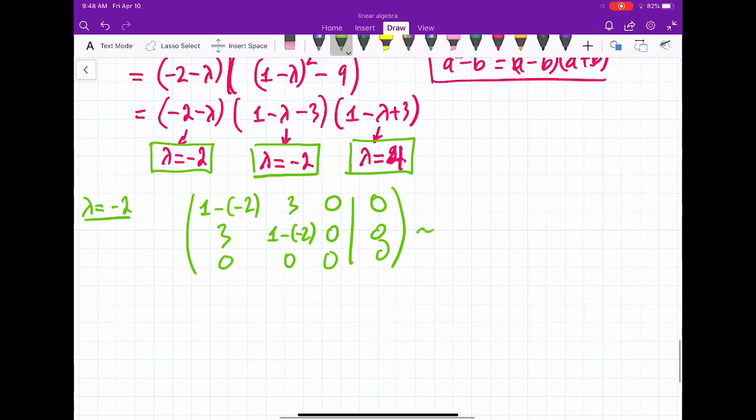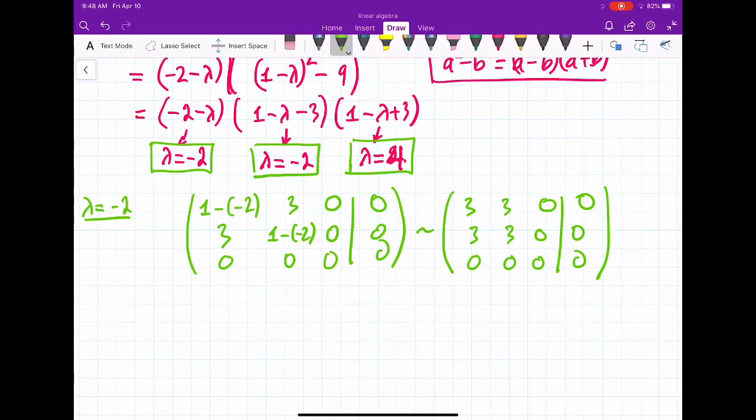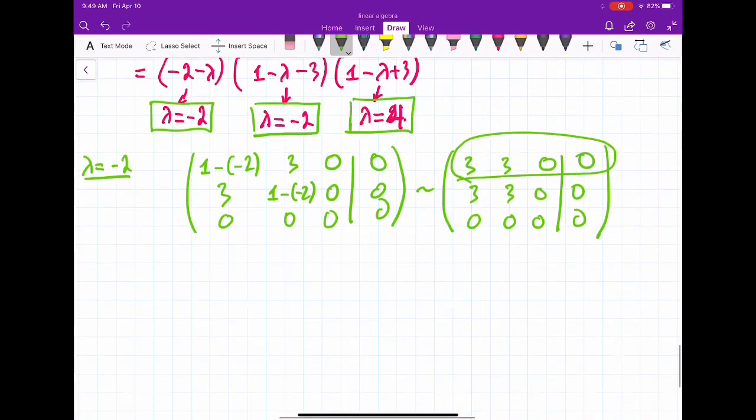And this is 3, 3, 0, 3, 3, 0, 0, 0, 0. So basically this system is equivalent to one equation, right? Let's pick the first one. So I have x1 plus x2 equal to 0. From here I get x1 equal to -x2.